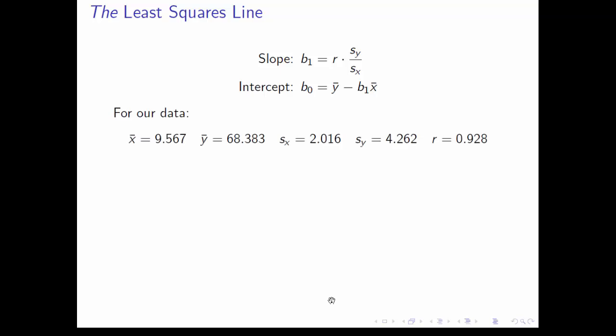So when I go and get my data, I've got those people with their shoe sizes, and the average was 9.567. The average of their heights was 68.383. I computed the standard deviation of the shoe sizes as 2.016, and the standard deviation of the heights as 4.262, and of course the correlation, which is a nice 0.928, a pretty strong correlation.